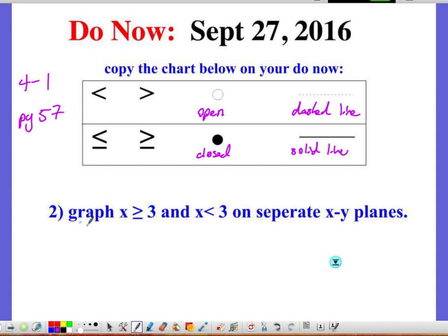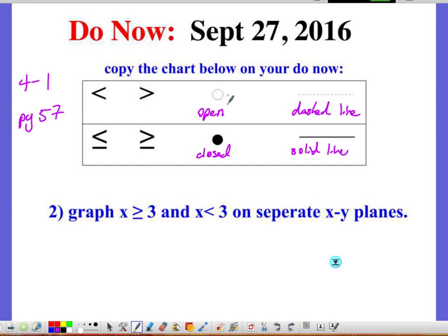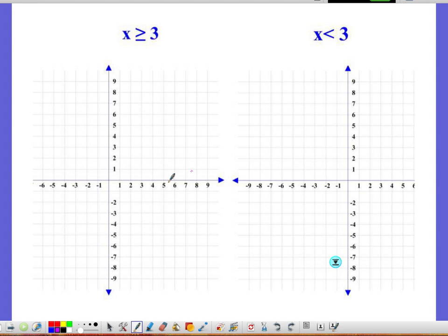Now another thing I thought it would be useful is to graph both of these inequalities. So let's go ahead and read the first one. X is greater than or equal to 3. Since we're talking about x and we are on the xy plane, we're going to locate 3 on the x-axis, and notice that we have greater than or equal to, which means we're going to use a closed circle.